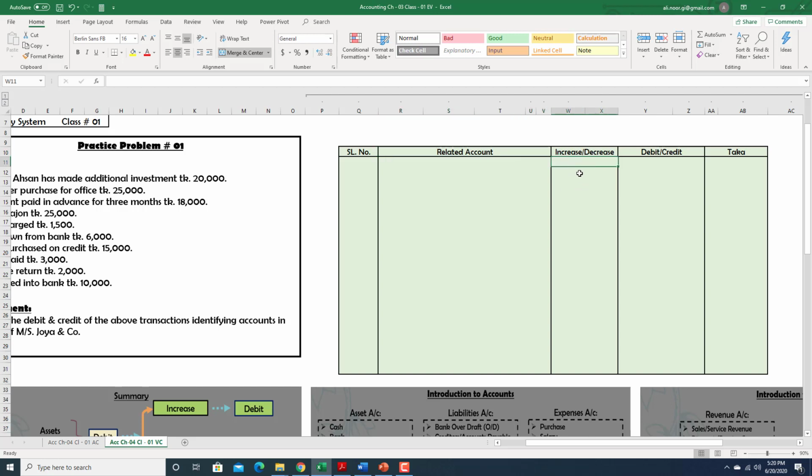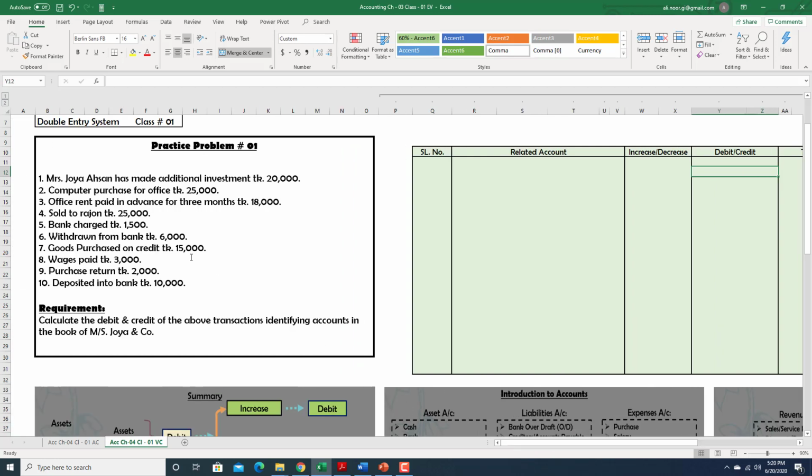We will identify the increase and decrease in various related accounts, and we will assign debit and credit to the accounts, and finally we will write the amount of the accounts.